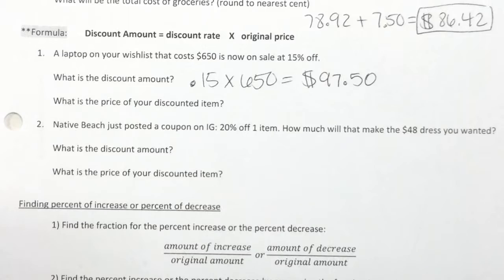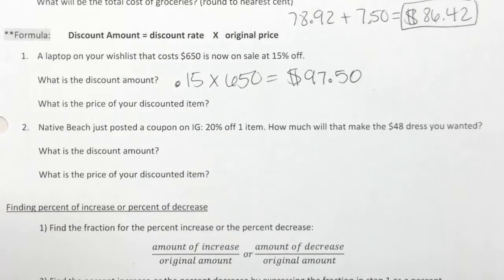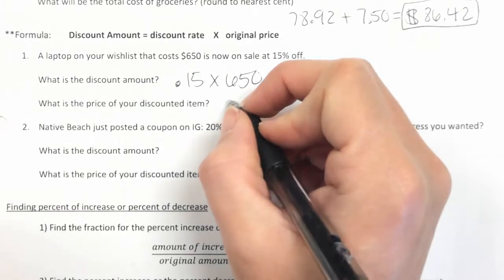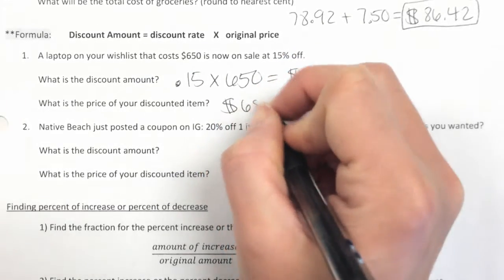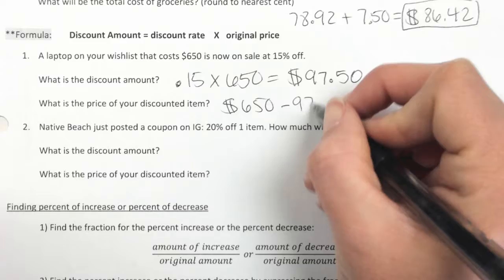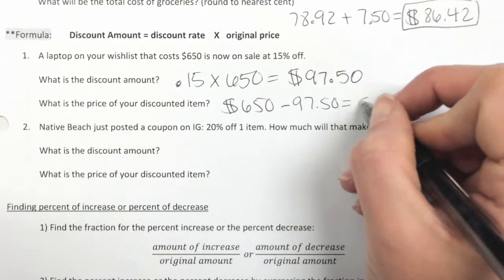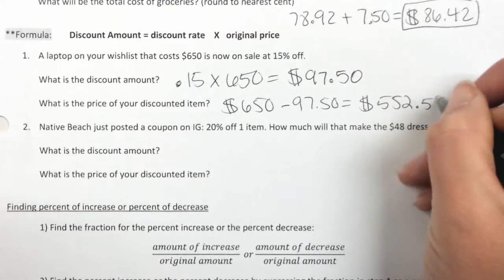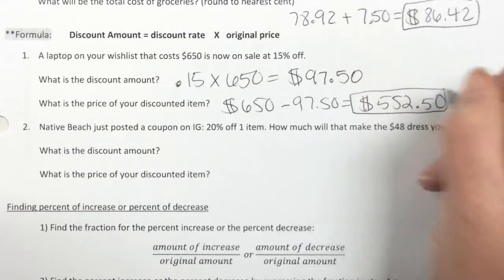Any questions about that part? Now what will we do? So tell me what to write. Good. Original price minus your discount, and that's going to give us what? Good. So your laptop would be on sale for $552.50.